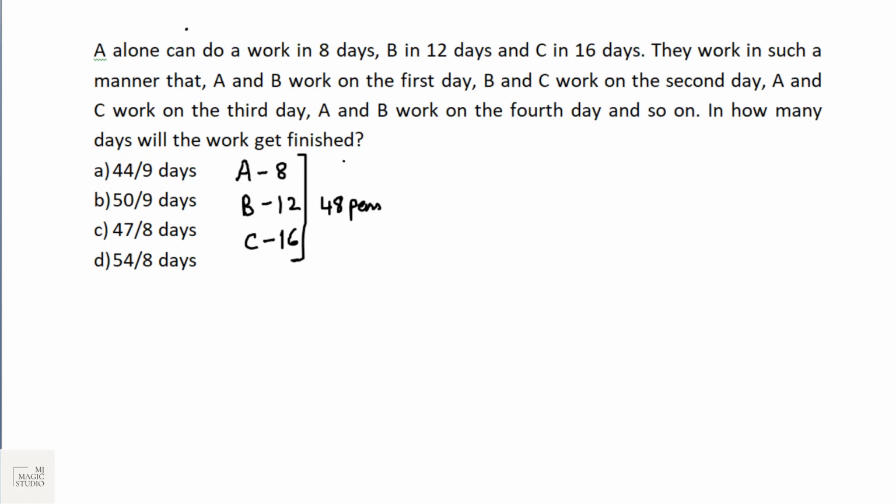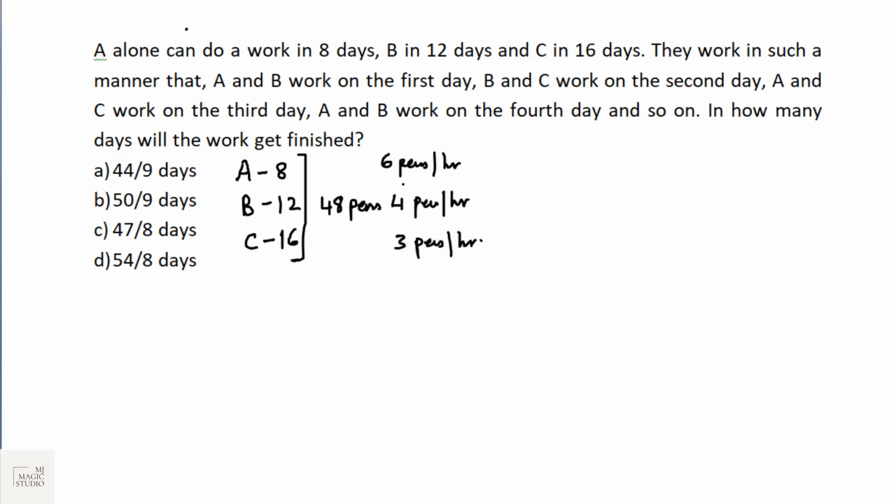That means efficiency of A is 48 by 8, that is 6 units per hour. Similarly, B can produce 48 units in 12 hours. Efficiency of B is 48 by 12, that is 4 units or 4 pens per hour. Similarly, for C it is 48 by 16, that is 3 units per hour.